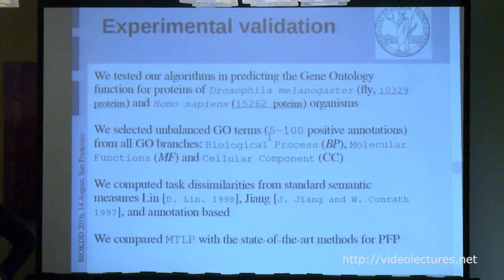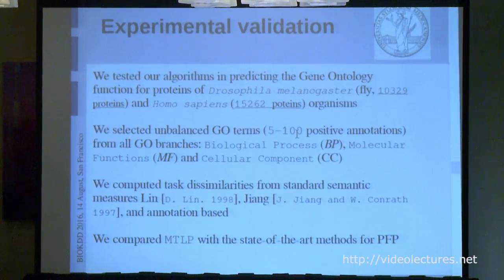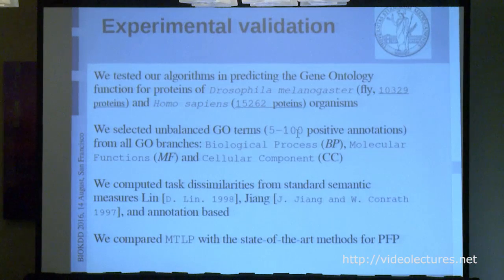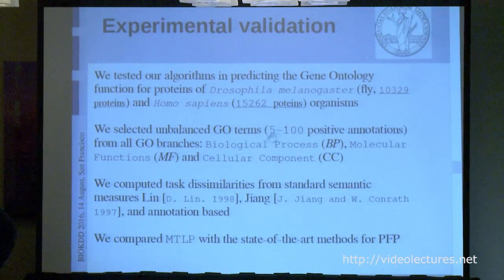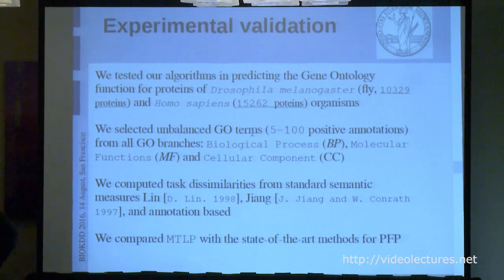And then we consider all the gene ontology terms which have between 5 and 100 positive annotations, in order to consider the most specific terms in the ontology, which are those that better describe protein function, they are more specific. And we got thousands of GO terms. There are thousands of tasks in this setting.